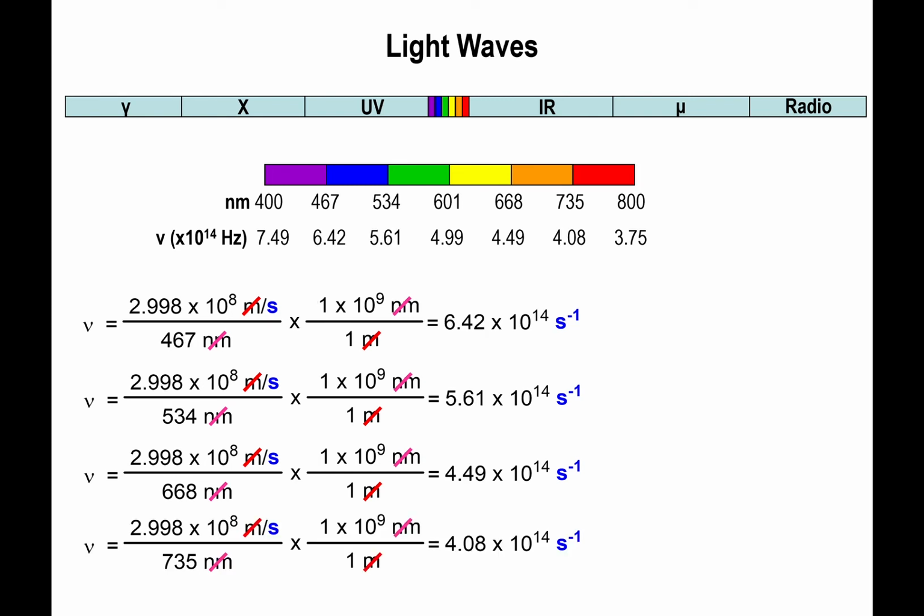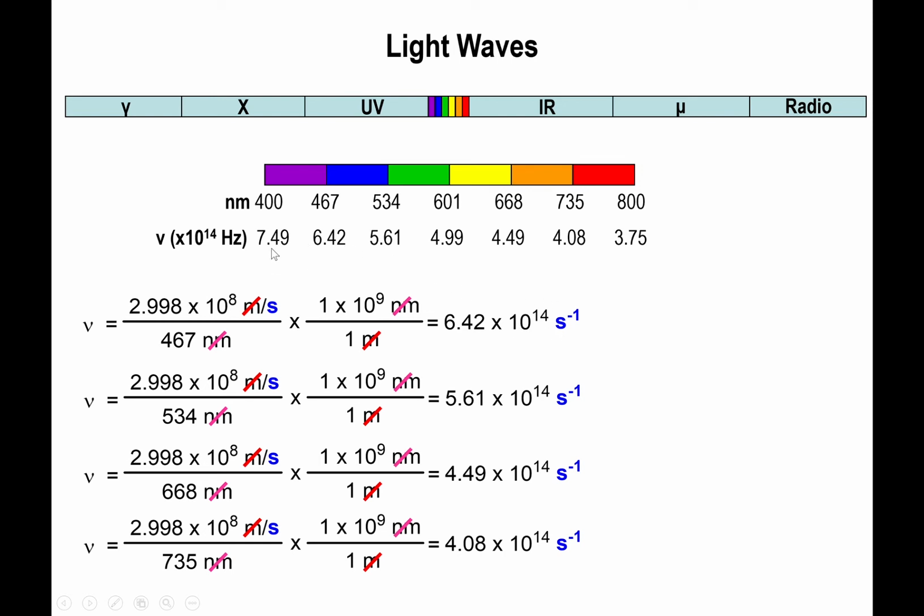You could also perform the same calculation for the remaining values, 467 nanometers, 534, 668, and 735. And you will basically find out that all the values have a number times 10 to the 14, so that's actually kind of a constant along the visible region. But what's changing is the regular number in front of the exponential.